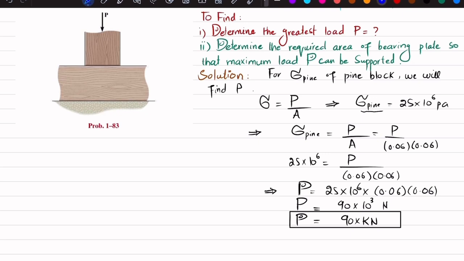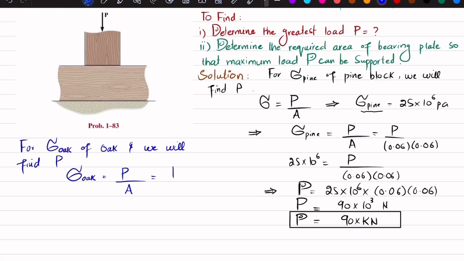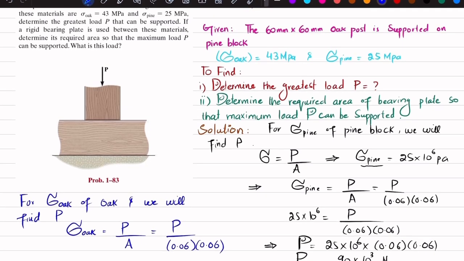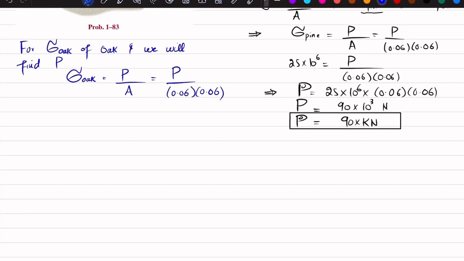Now we will find P for the allowable bearing stress of oak. The allowable bearing stress of oak is equal to load per unit bearing area. The load is not known and the bearing area will be the same, 0.06 multiplied by 0.06. The allowable bearing stress of oak is 43 megapascal, so I will write 43 into 10 to the power 6, equal to P divided by 0.06 multiplied by 0.06.